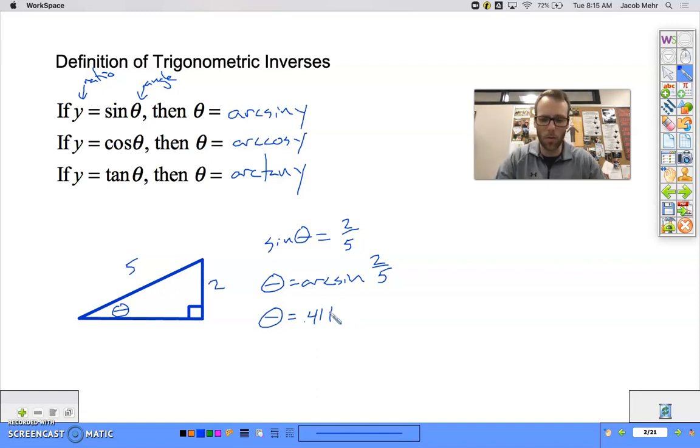Or I could switch my mode to degrees, type in the same thing, and it gives me about 23.58 degrees. So that's how you're familiar with working with your inverse sine, cosine, and tangent.